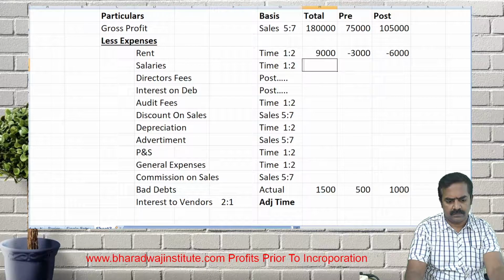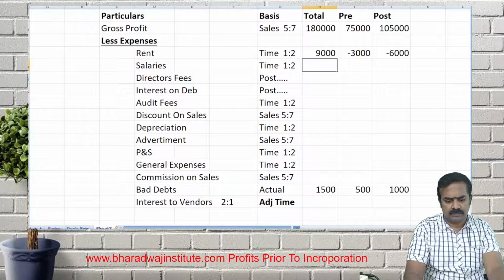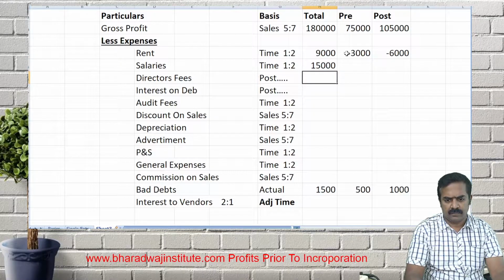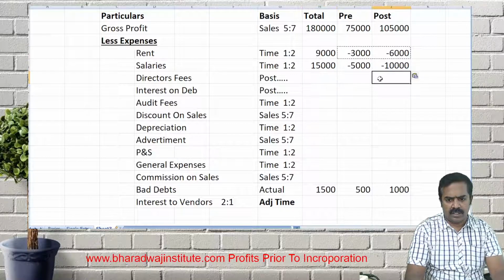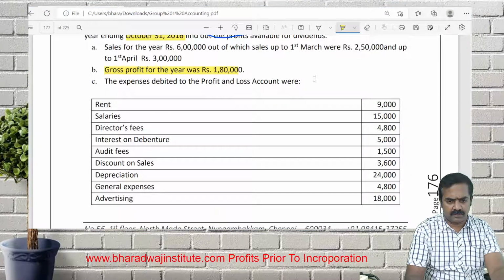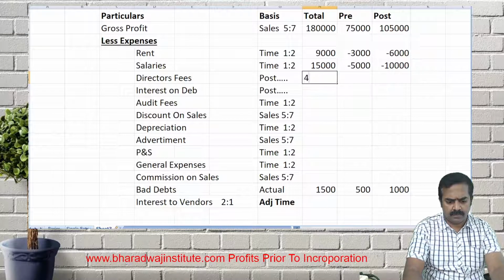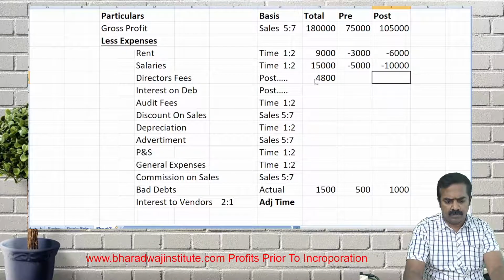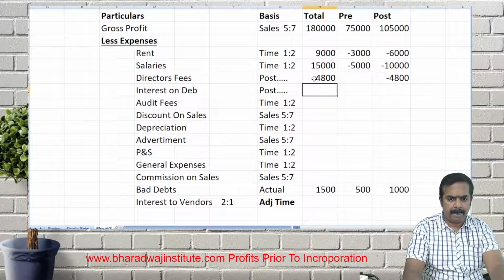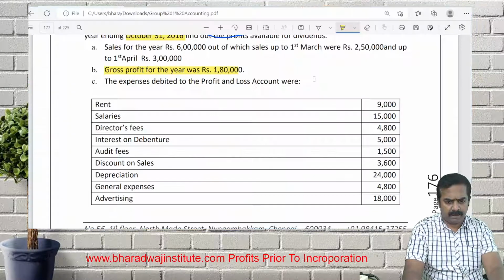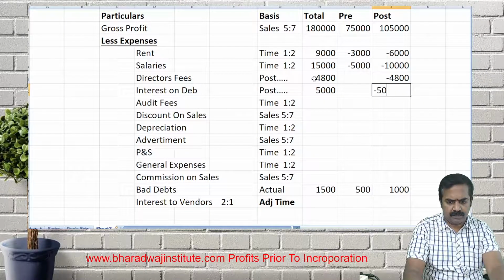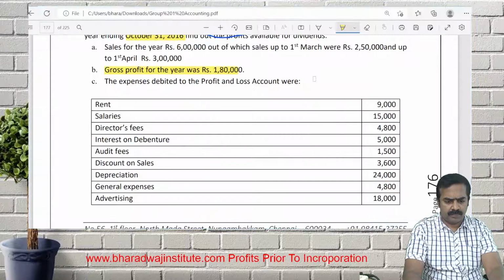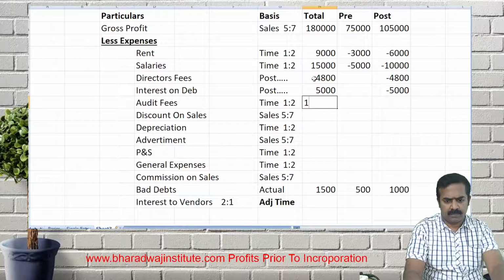Salaries: 5,000, 10,000. Directors' fees, post-incorporation, 4,000. Fully charged for post-incorporation. Interest on debentures, post. 5,000. Audit fees.